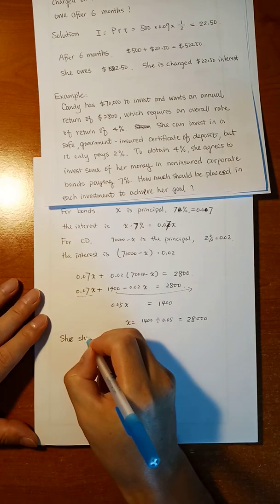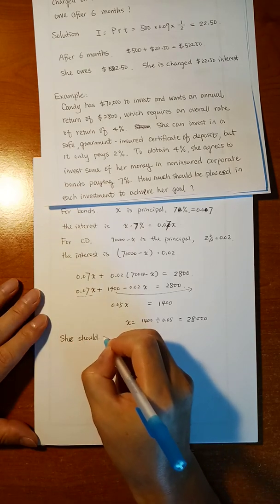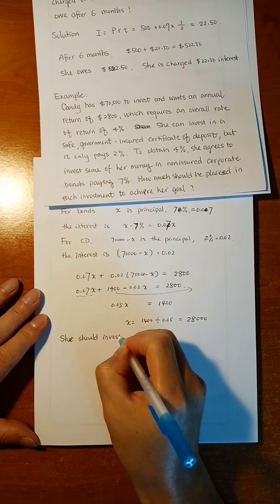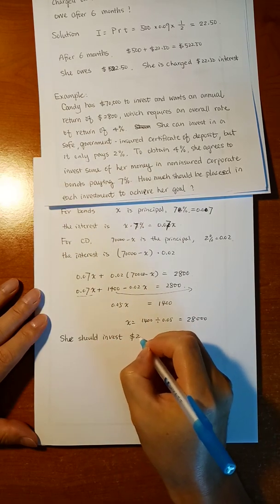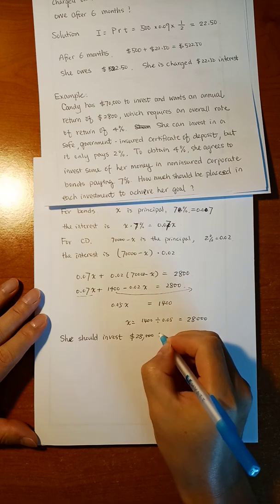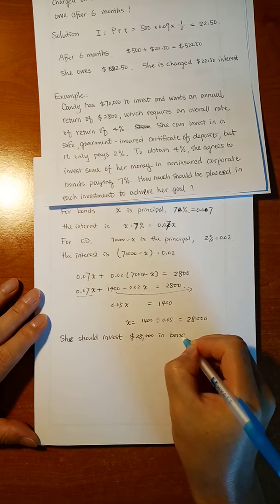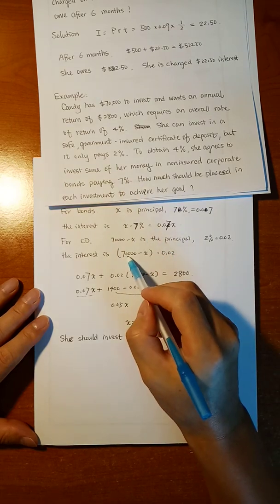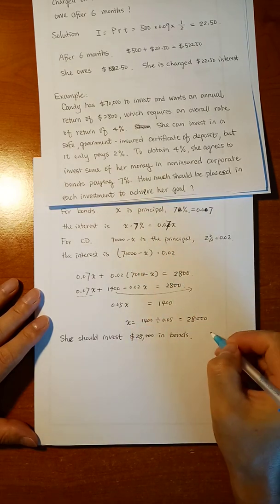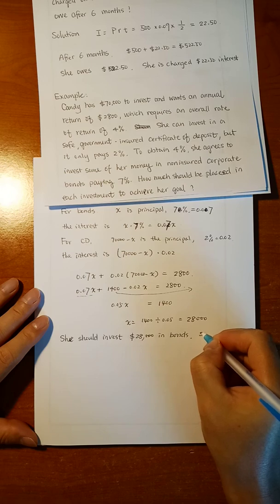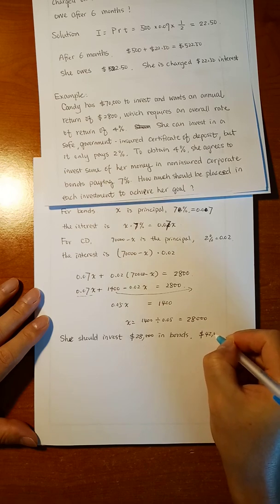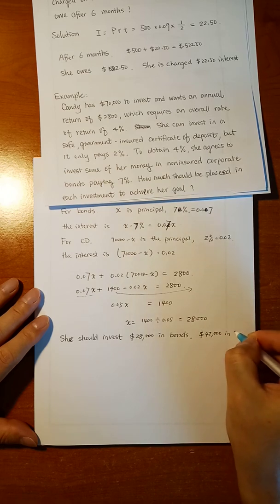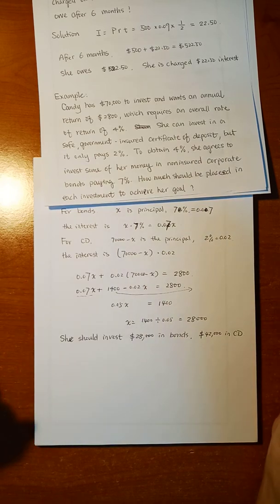She should invest $28,000 in bonds. The rest is 70 minus 28, so it's $42,000 in CD.